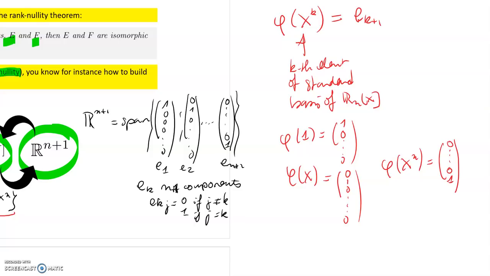Okay, so that's just the usual, the most simple isomorphism we can build.